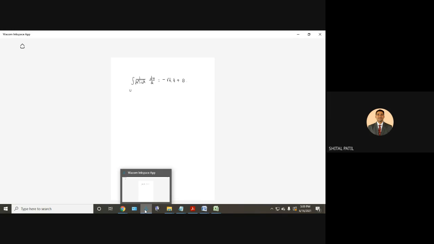Okay, so I'll use this formula. Sine inverse of u divided by a square.